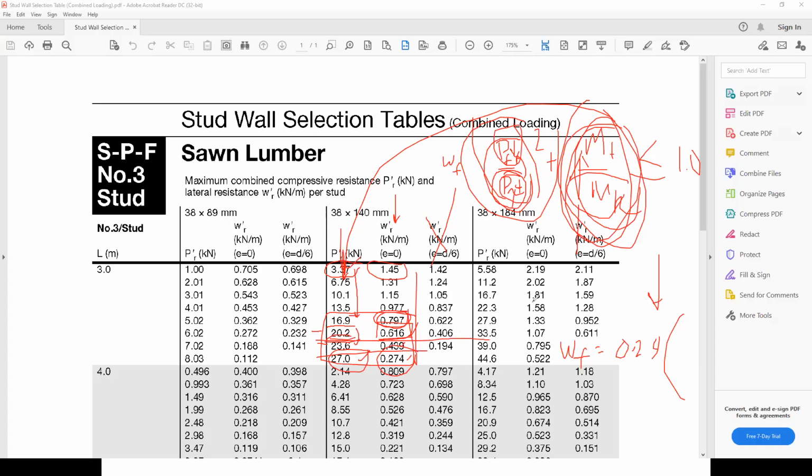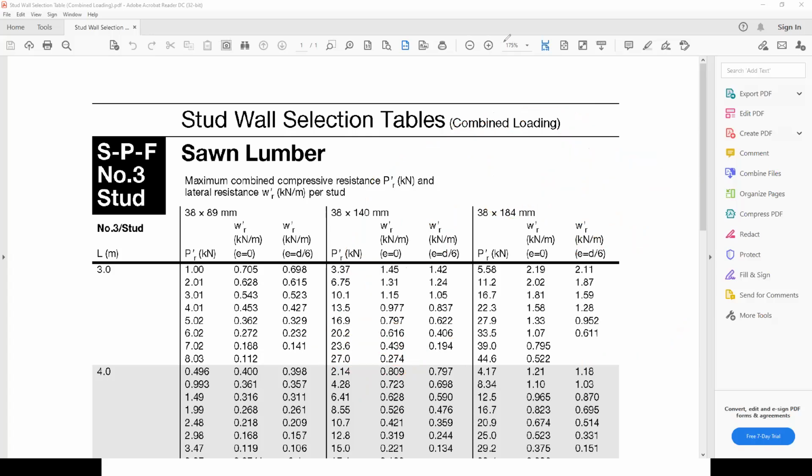So in other words, if you would have told me PR is 23.6 and WR is 4.39, PR is greater than PF and WR is still good. The answer is correct. So that was for case number 3. Now for case number 4, I don't remember what the PF value was. 6.1.